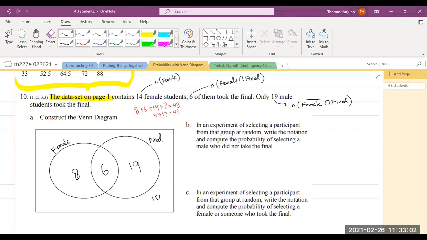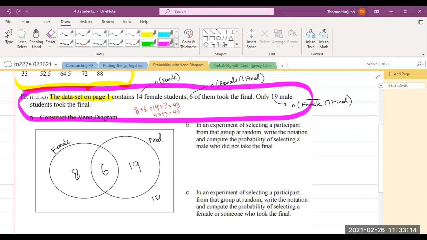I did have some students say this to me, some of them actually complaining, "Thomas, the way you give us the data is not clear. I don't know what you're trying to say. Why don't you just give it to us clearly?"